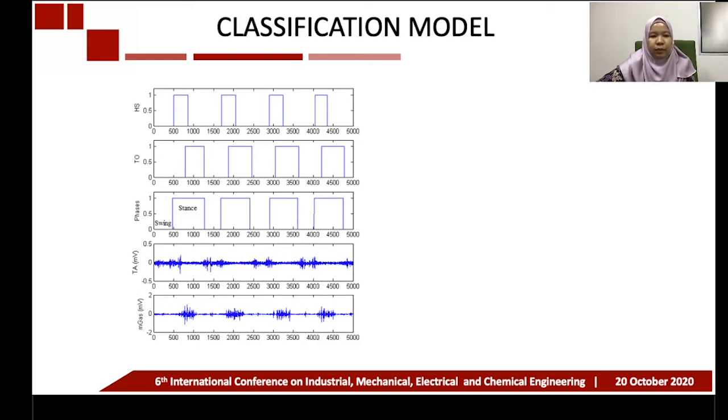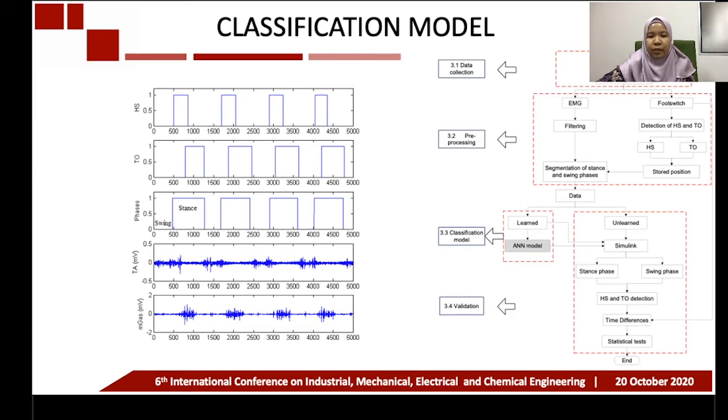In order to develop the ANN model, initially, the gait phases were detected based on foot switch data. MATLAB software was used to design an algorithm to recognize the timings of gait pattern and the EMG signals on 2 muscles. The data set of EMG signals was divided into learned data and unlearned data.